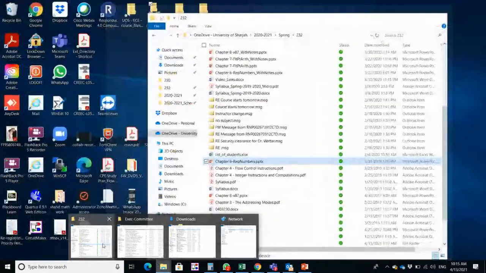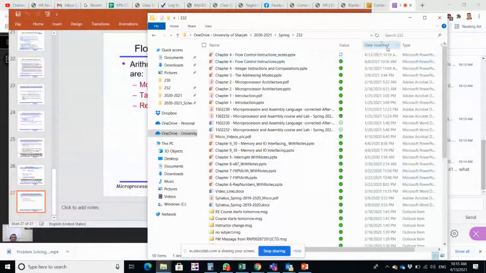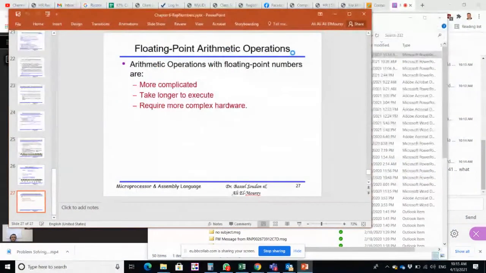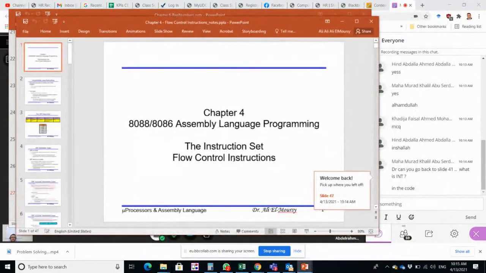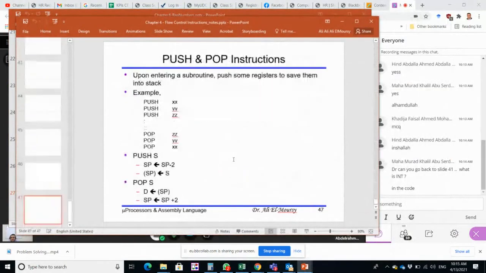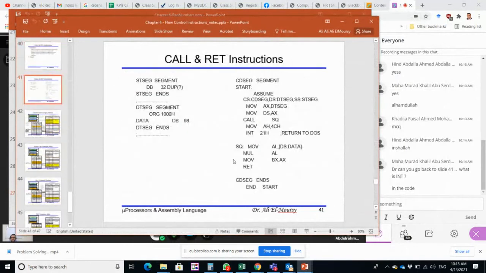Slide 41, int. INT stands for interrupt, and we will explain it inshallah in the chapter for the interrupt, what int is and what it is doing.